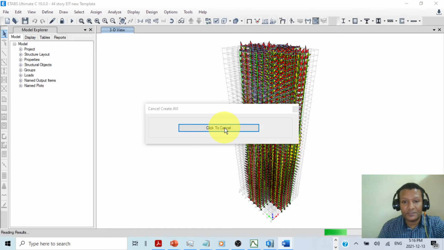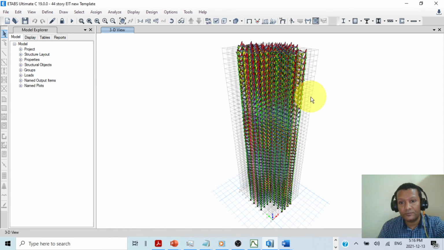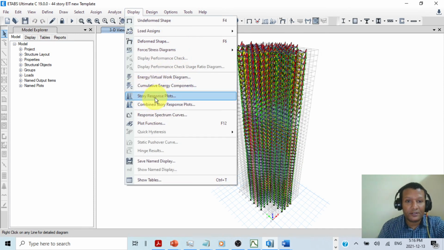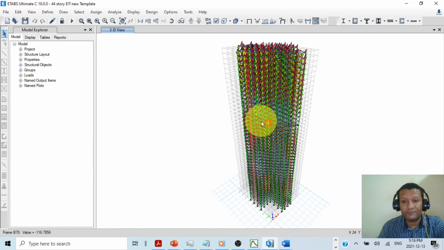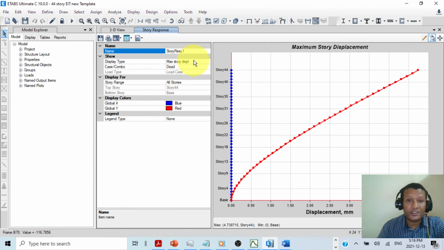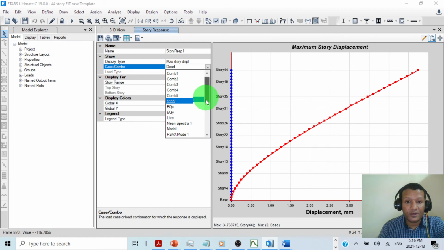Okay, let me cancel this one because it will take much time, as I told you. Okay, I cancelled it. So for display we can go here, story response plots, and directly, as you can see here, this is the final. I want to show you the load cases. We have all the loads here.